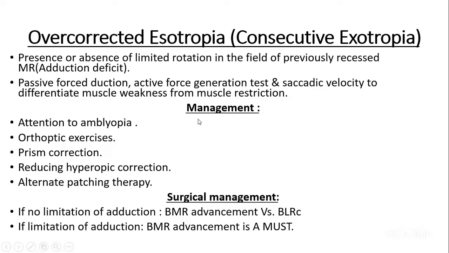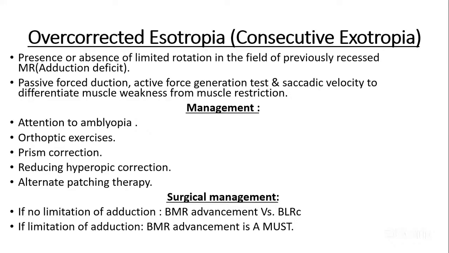The management, usually we start with treating amblyopia, orthoptic exercises, convergence exercises, prism correction, reducing hyperopic correction. For example, a patient for whom I have done bilateral medial rectus recession, and he is wearing full cycloplegic refraction, for example, +6 diopter hypermetropia, and he developed consecutive exotropia.